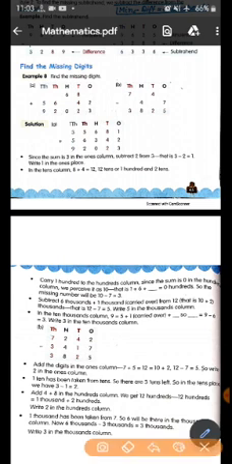Next, the missing digits we have to find are given in subtraction form. Here in the ones column the minuend is absent. So we will add the digits in the ones column. 7 plus 5 is equal to 12.